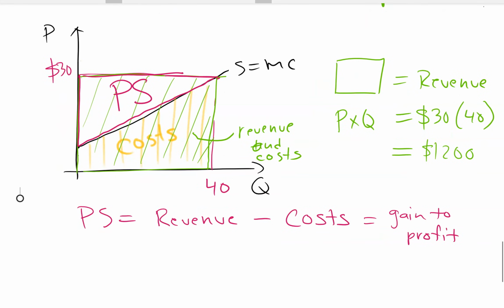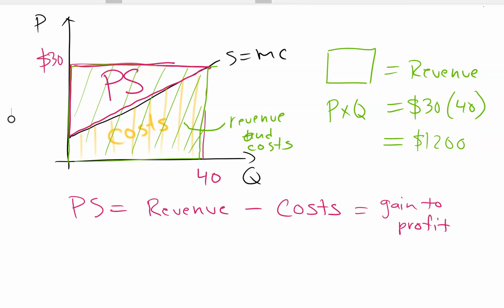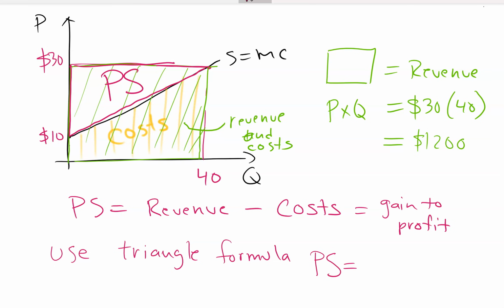So what's the way to calculate this? Well, the best way is to calculate it directly. To calculate directly, we need to know this point right here, and now we can go ahead and do it. So we can do a direct calculation. Again, we're going to use the triangle formula, and that's going to be that our producer surplus, PS standing for producer surplus, is equal to 1/2 of our base, which is 40, times our height, which in this case is $30 take away $10.